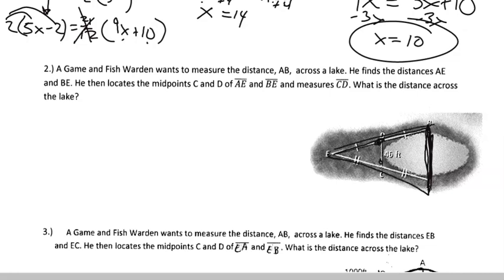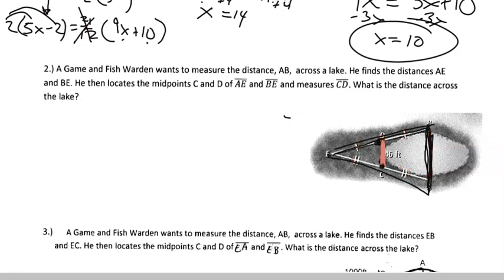They could then get this midsegment. Let me get the font a different color. Okay. This would be very easy to measure because it's on land. And since this would be a midsegment because it connects the two midpoints, once you have measured that, you'd be able to figure out what this is.